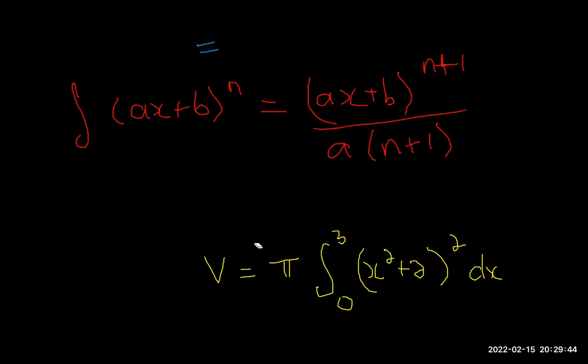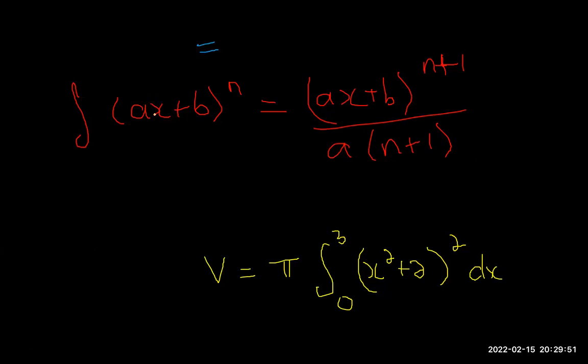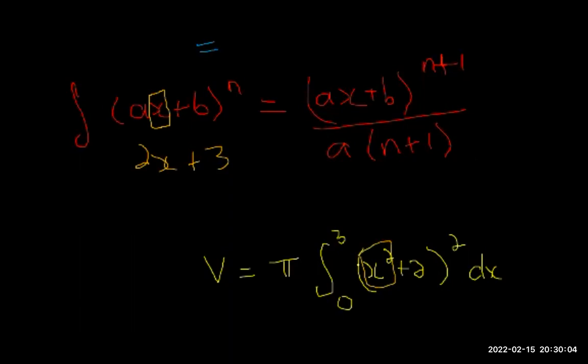No. I can apply this rule. Say I'm given like 2x plus 3. Here, the term is x, just x by itself, right? But here, I have x squared. So technically, I can't really apply this rule here because this is x, and this is x squared.